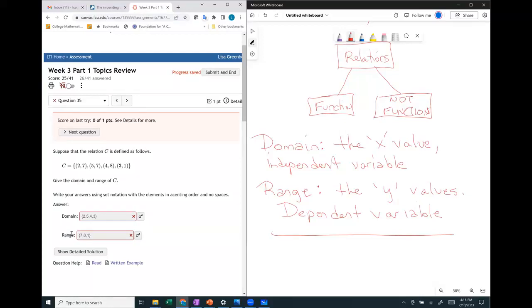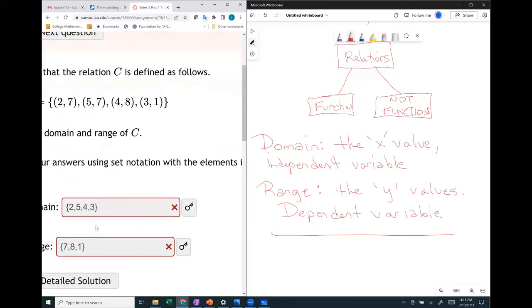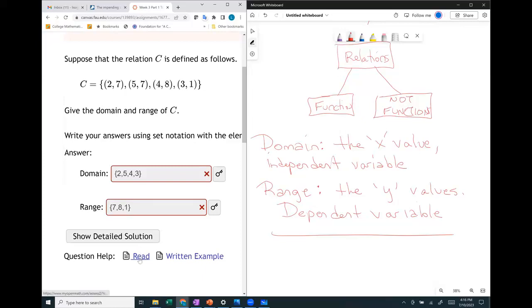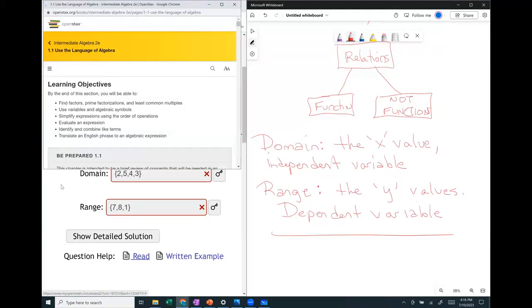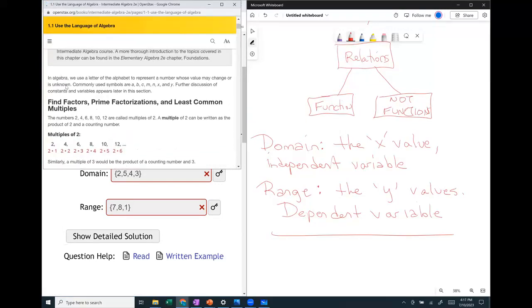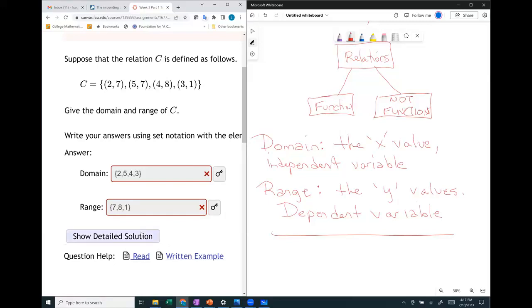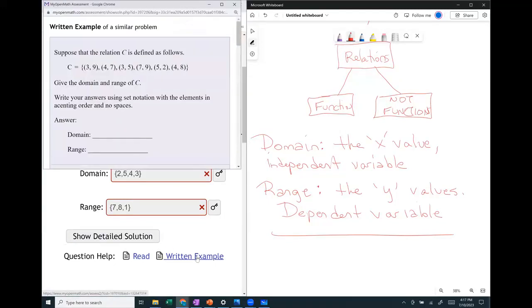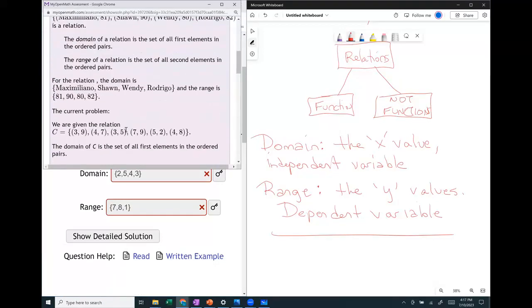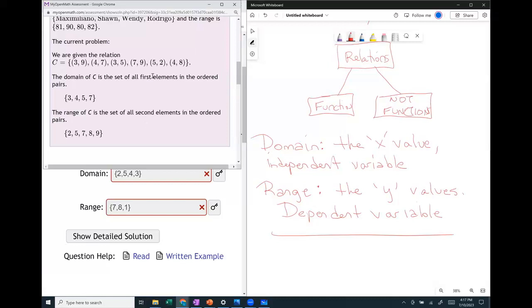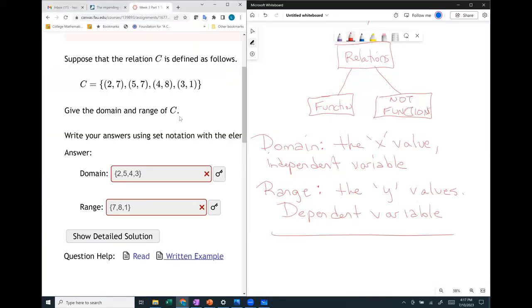Let me make sure. 2, 5, 4, 3. And 7, 8, 1. Okay. Let me see what I'm doing wrong.